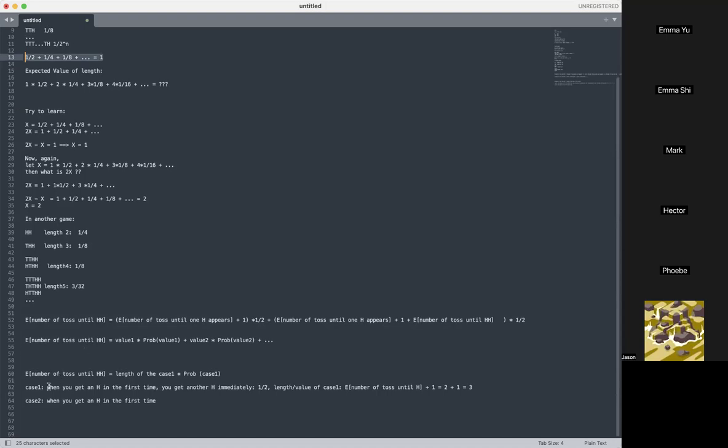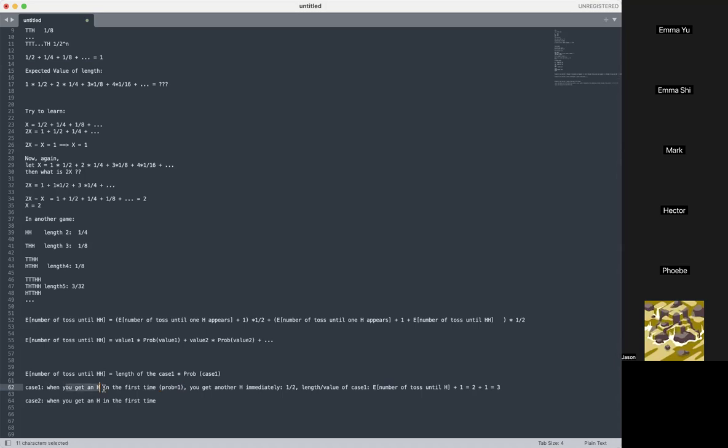So the statement that you get an H the first time has a probability equal to 1, because you will eventually get an H if you toss enough times, right? Do you get this? Yeah, very good.